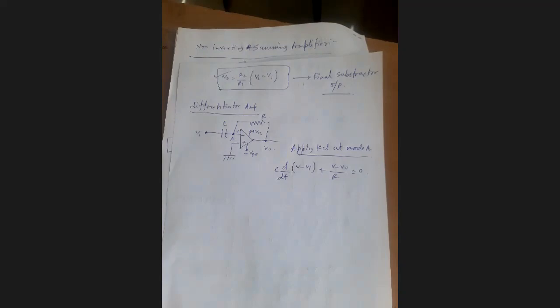Now if we consider V equal to 0 due to the virtual ground concept, then C into d/dt of minus Vi minus V naught by R is equal to 0. So V naught equal to minus RC d/dt of V input.